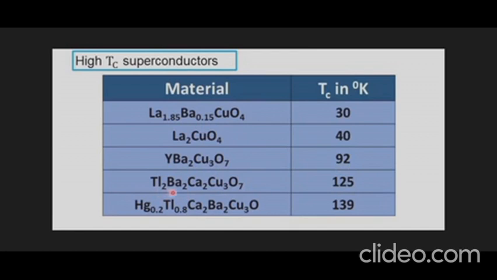Tl2Ba2Ca2Cu3O10 has 125 Kelvin. Hg0.2Tl0.8 Ca2Ba2Cu3O has 139 Kelvin. These critical temperatures are greater than 77 Kelvin, and these are called high Tc superconductors.